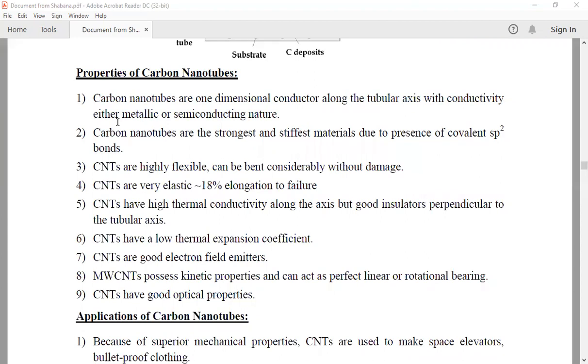Coming to the second property, carbon nanotubes are the strongest and stiffest material due to the presence of covalent sp2 bonds between the individual carbon atoms. And coming to the hardness, a standard single-wall carbon nanotube withstands a pressure of about 25 gigapascals without deformation.